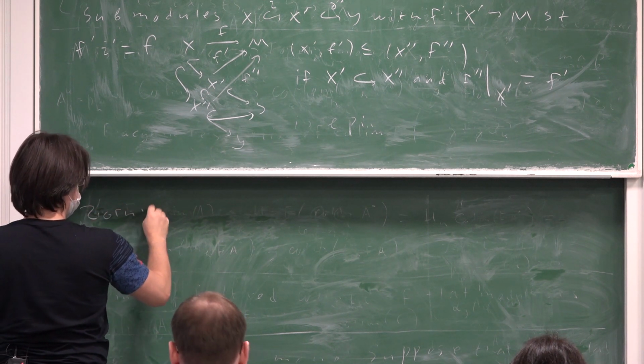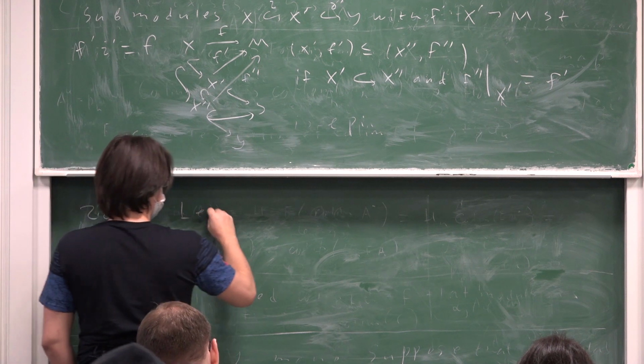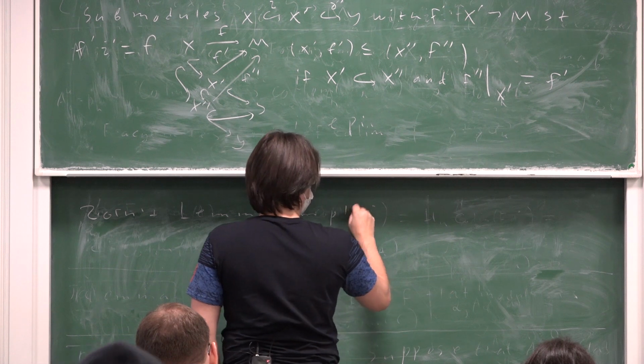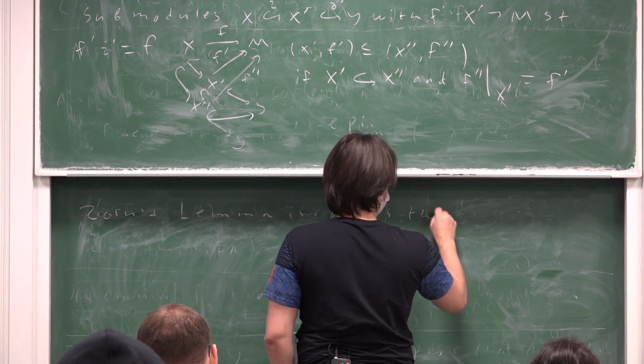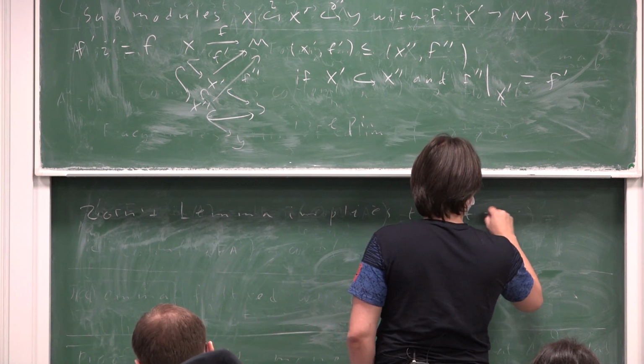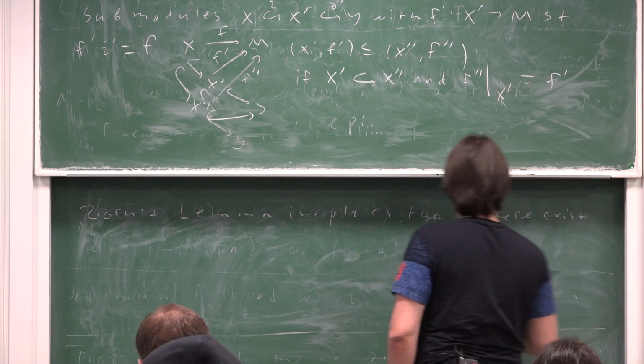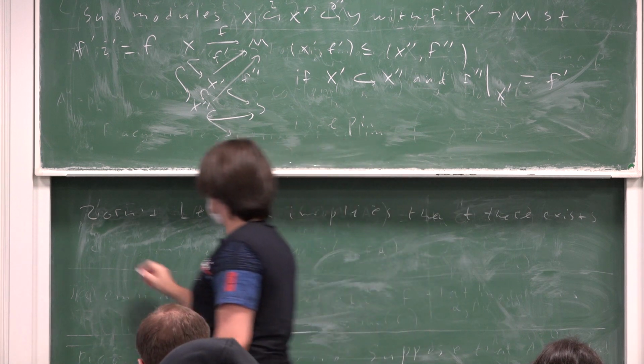Zorn's lemma implies that there exists a maximal one.